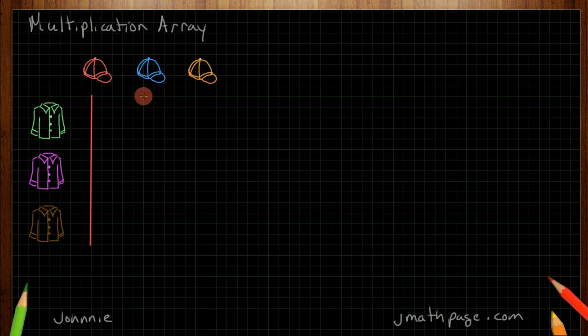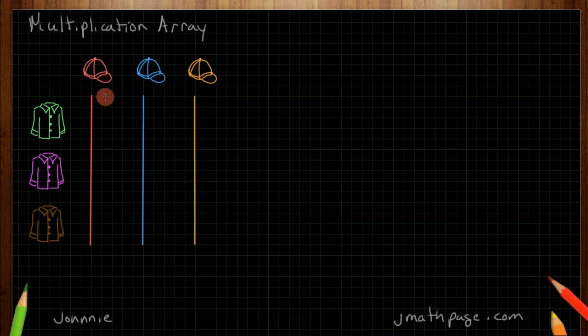We could be wearing a blue hat and a green jacket, a purple jacket, or a brown jacket. All right? And then what about our orange hat? Well, with our orange hat, we could be wearing a green jacket, a purple jacket, or a brown jacket. Okay, those are all good choices.